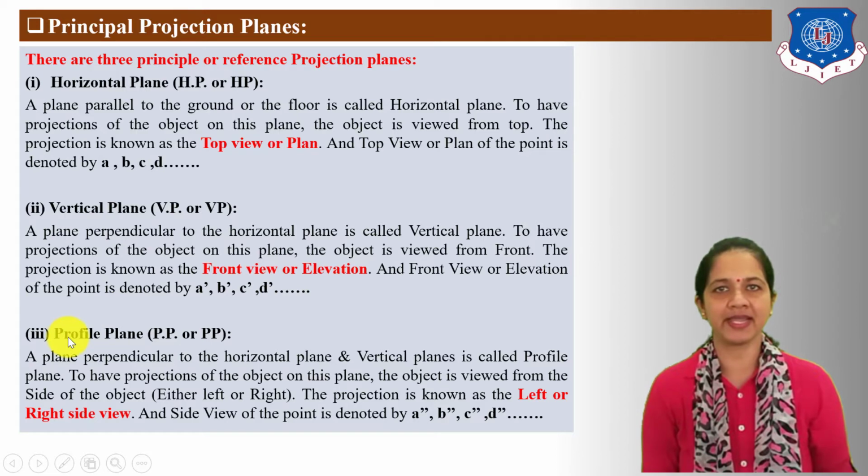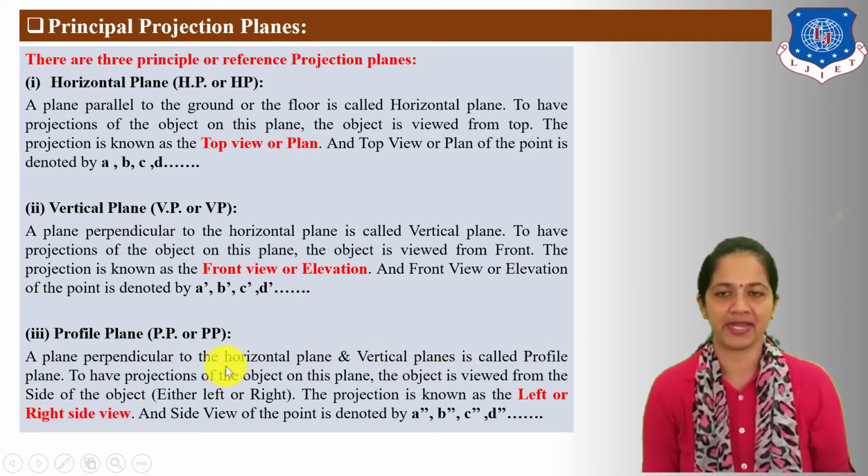Next, third plane is profile plane. It is denoted by P.P or PP, a plane perpendicular to the horizontal plane and the vertical plane is called profile plane.